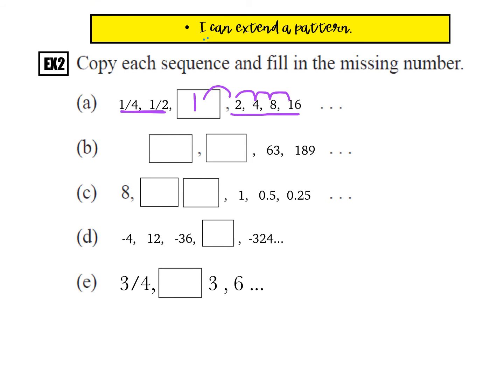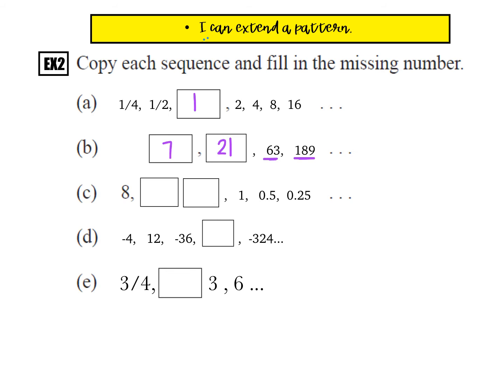So 2 divided by 2 gives me 1. 1 divided by 2 is a half, and half divided by 2 is a fourth. So I can see that it's being multiplied by 2, but to get that, I divided to work backwards. So for B, I saw that I had some really big numbers, and I can see that they're getting bigger, so I'm going to multiply as I move to the right.